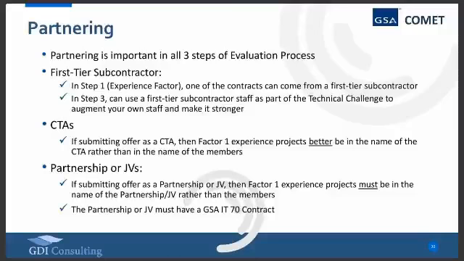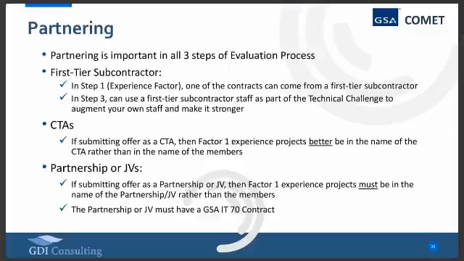Better be in the name of the CTA rather than in the name of the members. The reason is that if that CTA has done this kind of project before, and you can prove that those 11 scenarios were done by the same CTA previously, GSA is going to give you more weight and better score than if you say, oh, okay, this is a newly formed CTA, and then all the scenarios will come from the members independently.